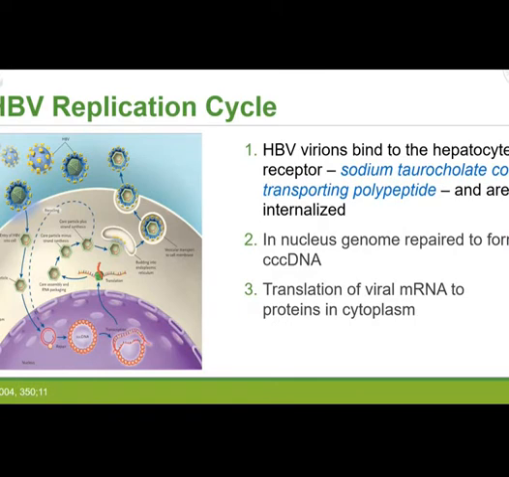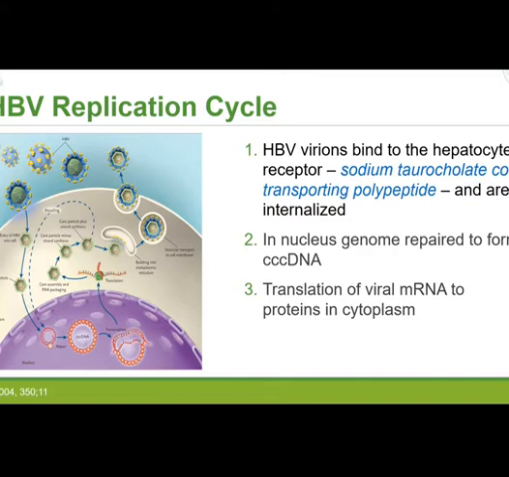Now you can see that this is a hepatitis B virion, which binds to the hepatocyte receptor, and the receptor is known as sodium taurocholate co-transporting polypeptide, and then it is internalized.